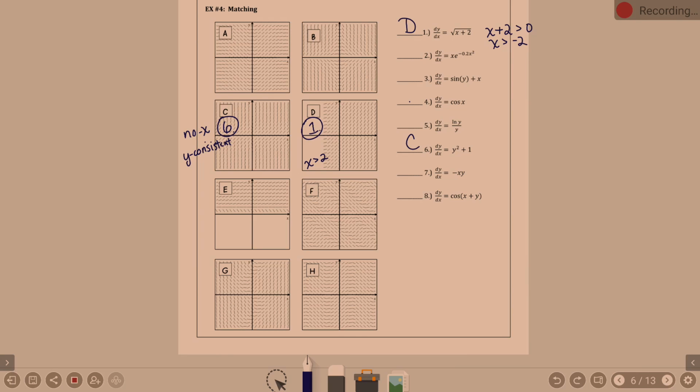I'm convinced. Do we see why? Because when I say cosine of 0, I know cosine of 0 should be 1. All of my zeros here have a slope of 0. So then it's 4H.